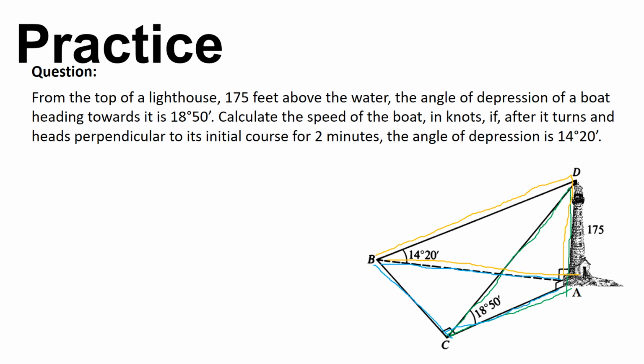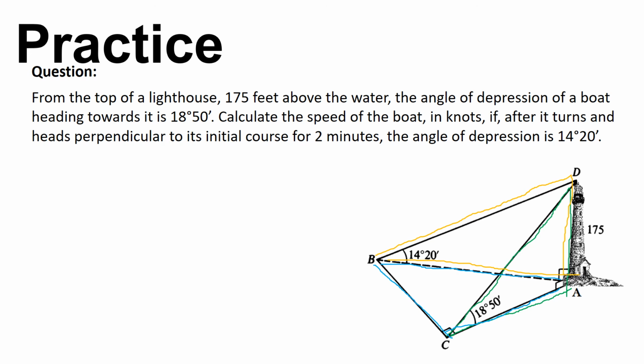They are all right triangles because they include 90 degrees. Let's start with the first triangle, the green triangle. For the green triangle, there is a given internal angle of 18 degrees 50 minutes and a side opposite to that, which is 175 feet in length.